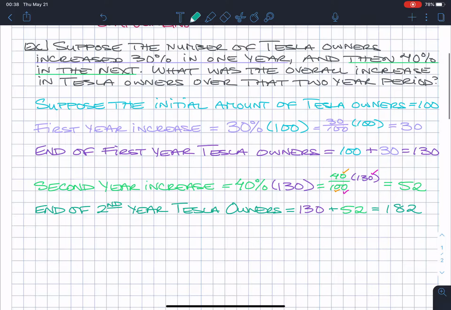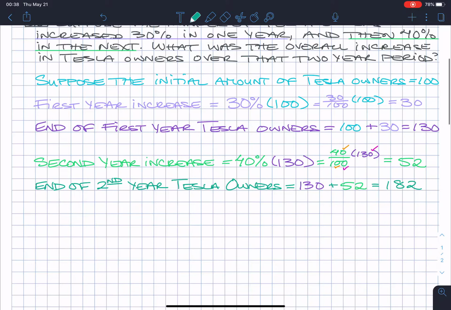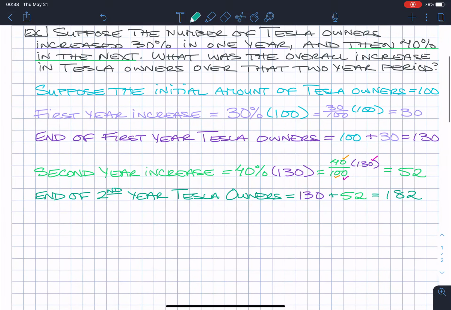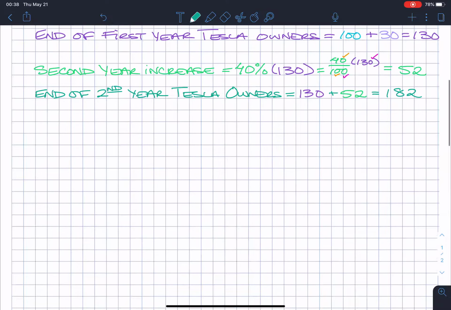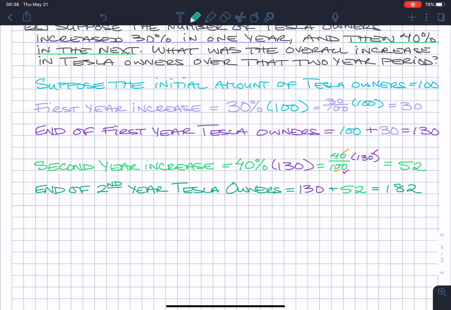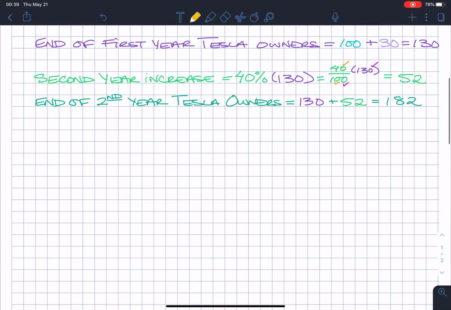Okay, so I went from 100 initially to 182. So what was my relative change? What was the overall increase in Tesla owners? The overall increase is going to be 82, right? So the overall increase by percentage.